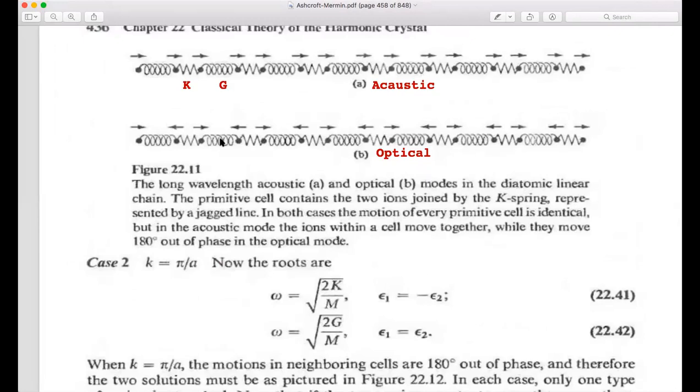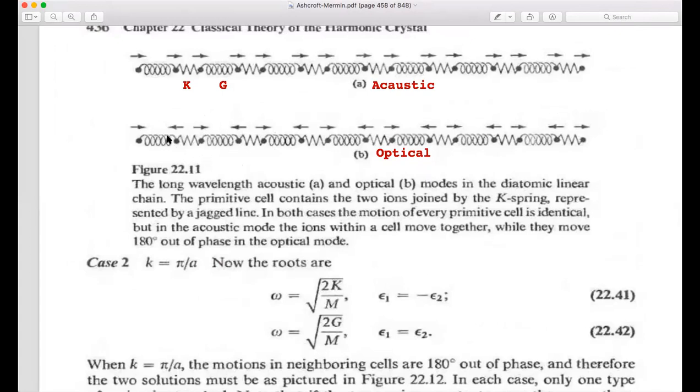What I'm saying is at k equal to 0, all the primitive cells do exactly the same thing. So whatever this thing does, this would do exactly the same. So if this moves this way, this atom would move this way. If this moves this way, this atom would move this way.